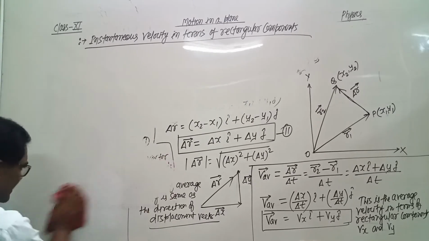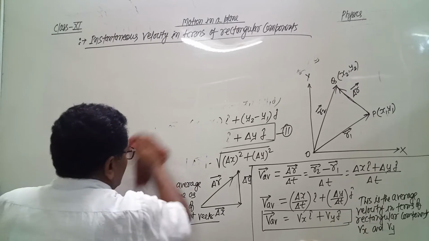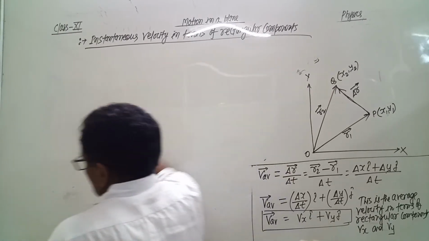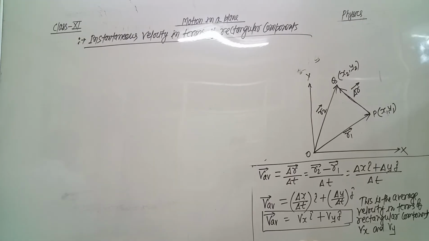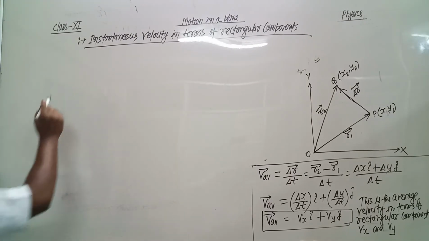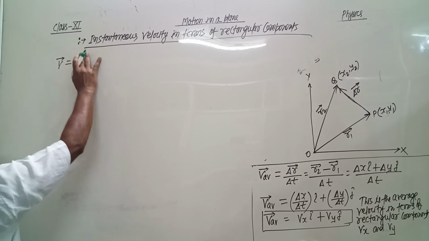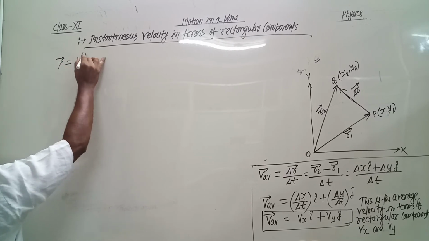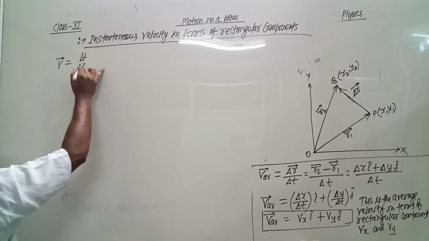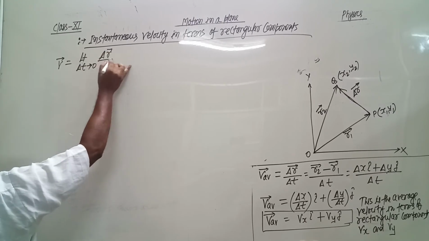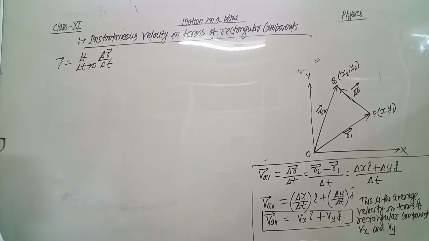For instantaneous velocity, v is given by the limit as delta t tends to 0 of delta r vector by delta t.